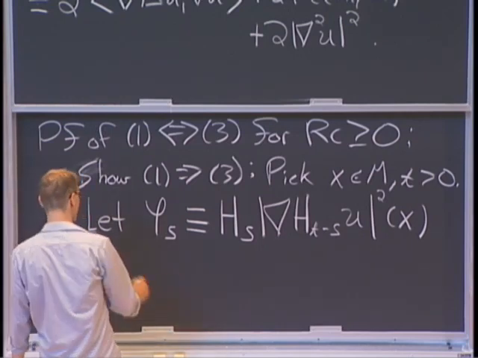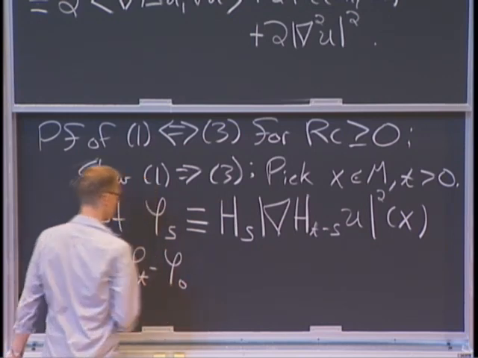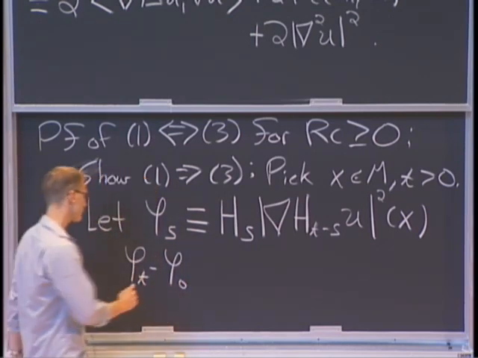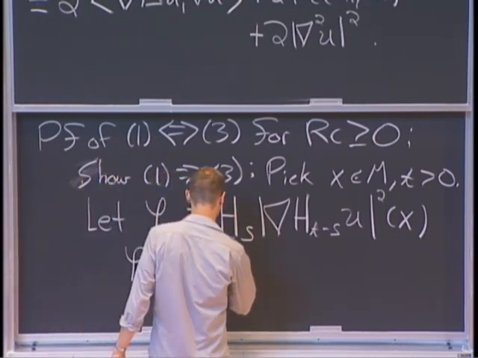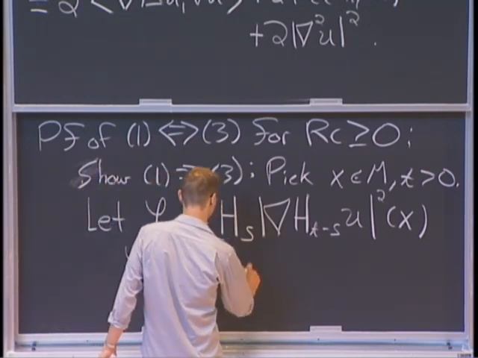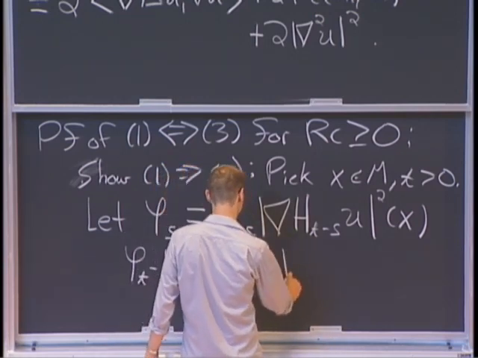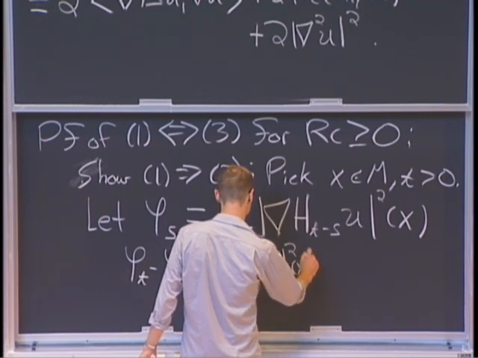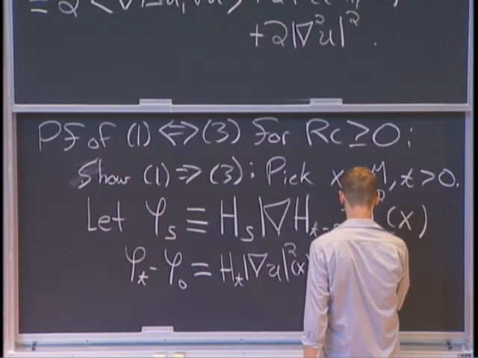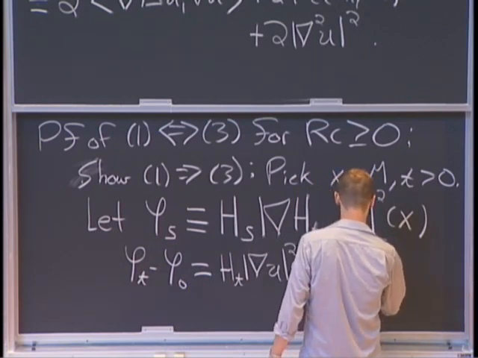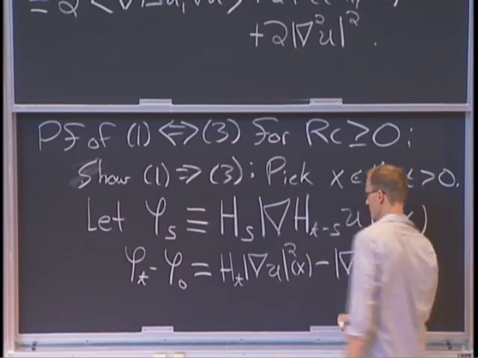Namely, if I look at the difference of this thing at the final and initial points, then what do I get? At time t, I get h_t of the gradient of u squared at x, minus, at time 0, the gradient of h_t u squared at x.